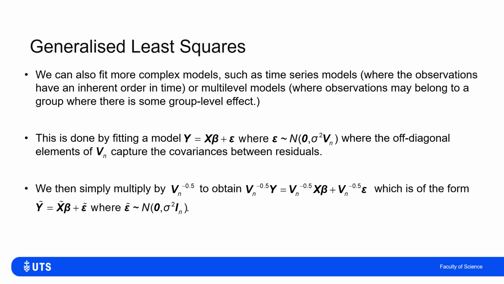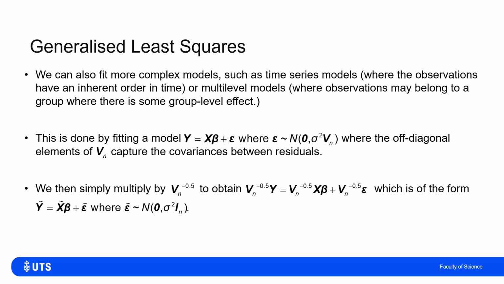And what I can do here is I can do the same sort of argument by just multiplying by the Vn to the minus a half, so effectively the square root of the inverse of the variance covariance matrix.